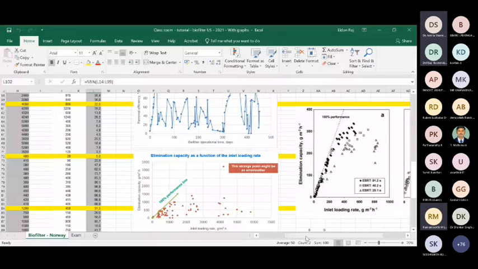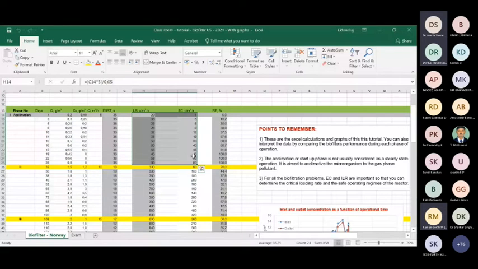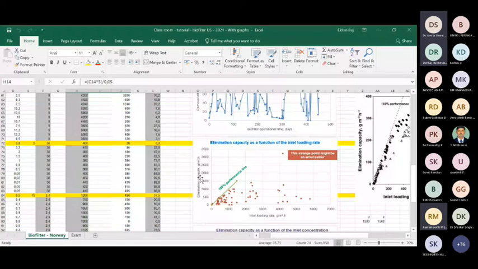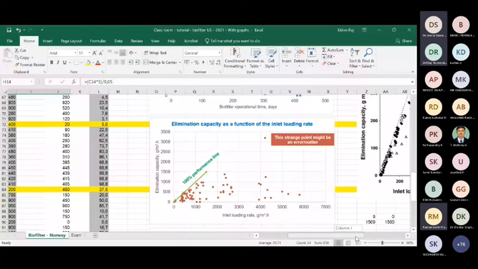Depending upon the flow rate and the residence time, you will have different flow rates and different inlet loading rates. This is the typical graph that shows the elimination capacity as a function of the inlet loading rate. You can see here that as the inlet loading rate increases, the elimination capacity increases only up to a certain value.